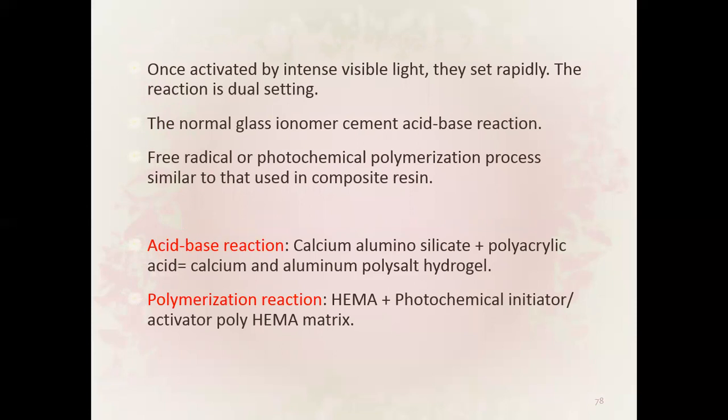So when calcium aluminosilicate and polyacrylic acid mix, they form a hydrogel of calcium and aluminum polysalt. This happens in GIC, and it is the acid-base reaction. In the polymerization reaction, HEMA plus a photochemical initiator or activator forms the polyHEMA matrix.